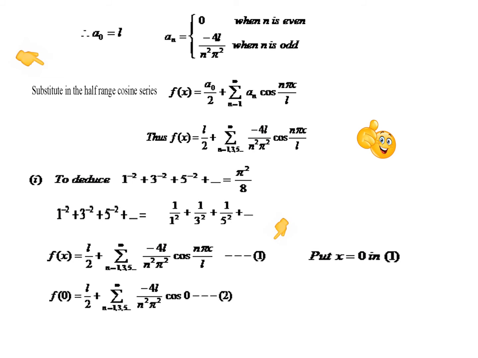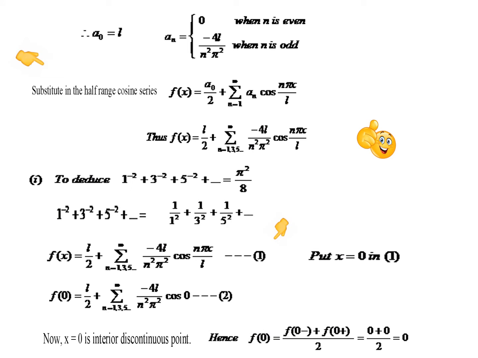If we put x as 0 in 1, the equation becomes f of 0 equal to L by 2 plus minus 4L by n squared pi squared inside the summation into cos 0. And now x equal to 0 is an interior discontinuous point. When you learn about continuity and discontinuity, you would have learnt this.